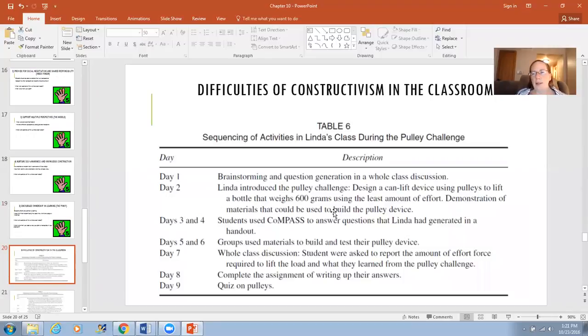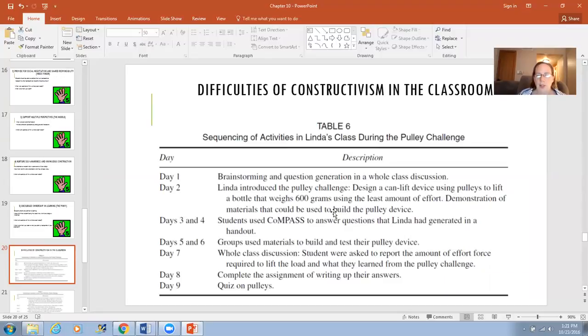And so the idea of the lesson was to create a pulley challenge. So already they're constructing something. It's a pulley challenge. So challenge implies that we are going to ask them to do something. They're going to make a pulley.